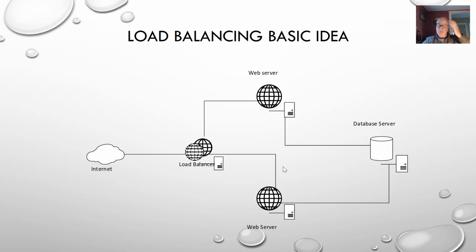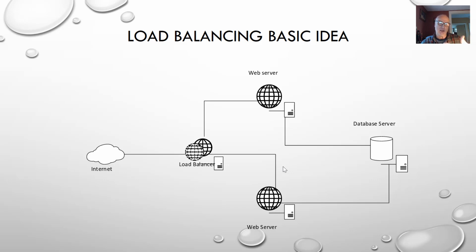Now, there's a lot going on here because we've got that load balancer out there that needs to know, perhaps, something about the web servers behind it. Well, does it need to know? And the answer is, well, you've got all these incoming connections happening. The incoming connection is going to come from the internet to the load balancer.